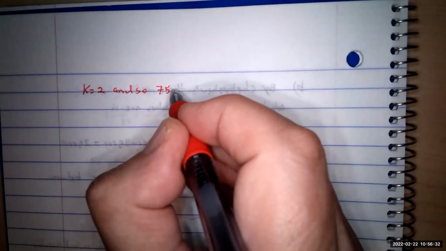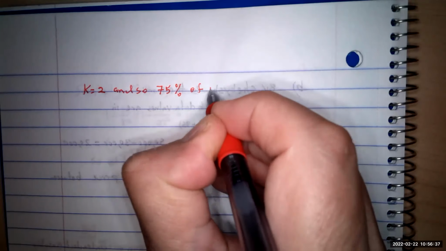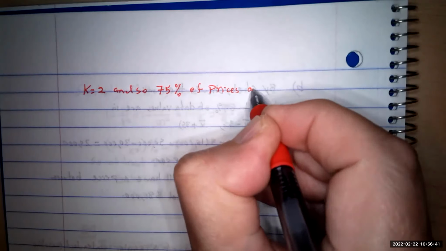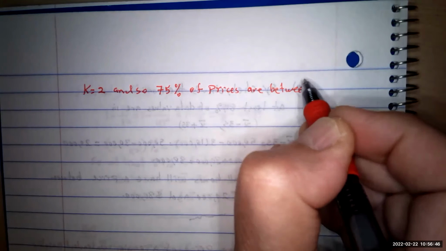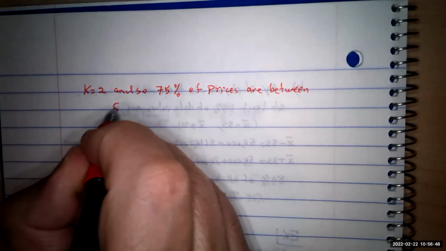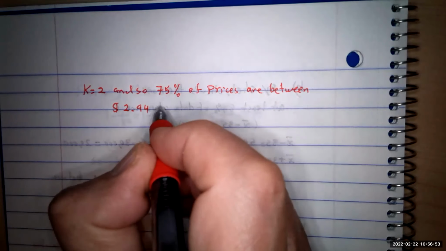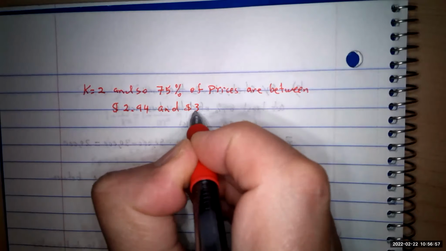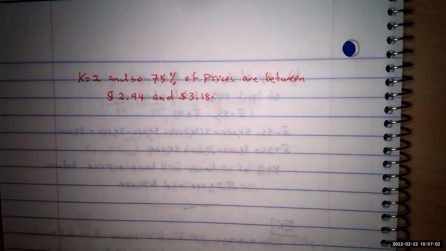That's it. 75% of prices are going to be between $2.94 and $3.18. So that's the first part, or just 75%. We accept it. Any question?